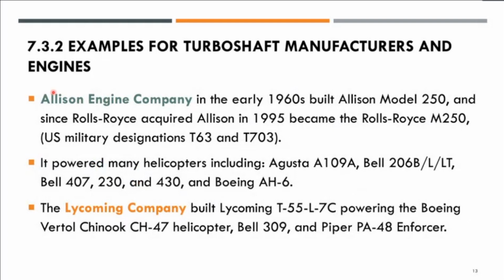Moving into the third company, which is the Allison Engine Company, which already started to build turboshaft engine way back in 1960s. They produced Allison Model 250, and since Rolls-Royce also already acquired Allison, because it is bought over by Rolls-Royce in 1995, the engine model itself, Allison engine, already known as the Rolls-Royce M250.